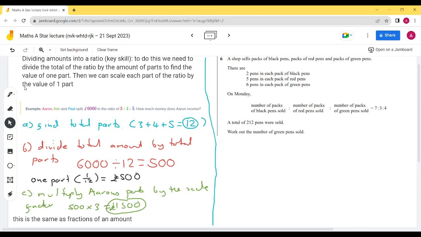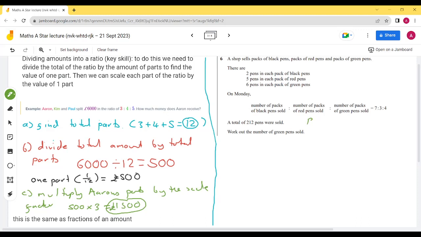Well, we're doing the skill we've just done. We need to split it into a ratio and then multiply by the amount of green pens sold. But we need to make a ratio of pens sold, because we've got how many pens there are in each pack, and the ratio we've been given is of packs.